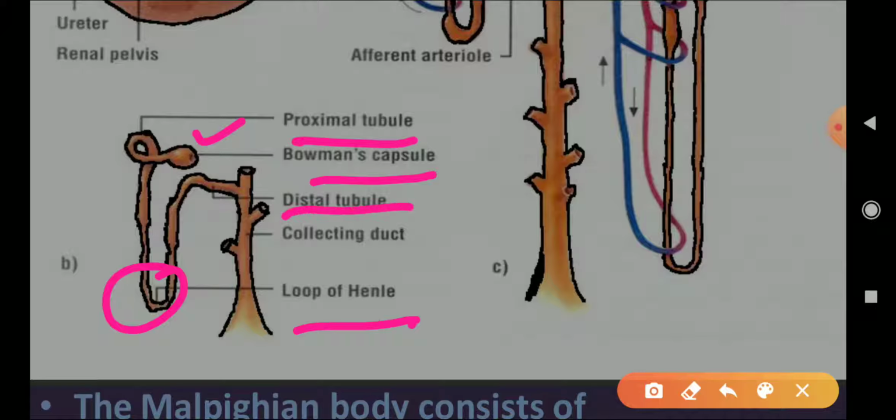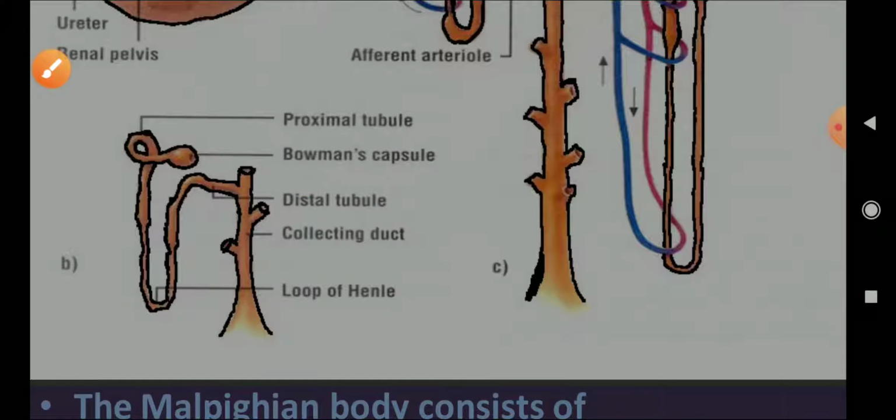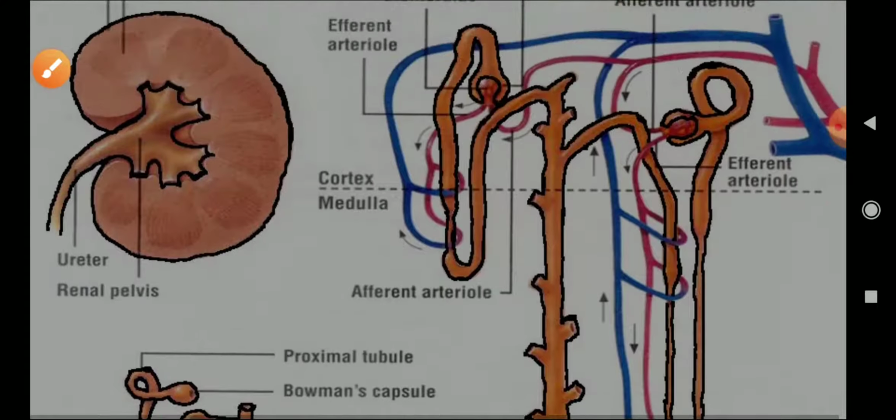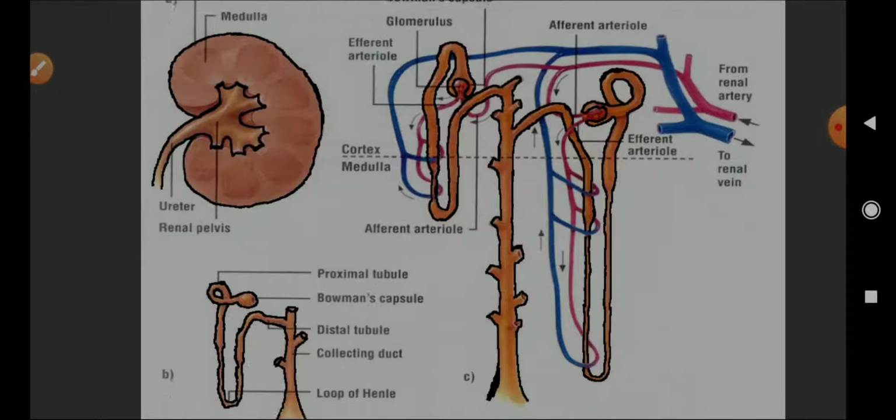It is far from the Bowman capsule, and along with it comes the collecting tubule. The last one is the collecting duct, which collects urine and passes it into the renal pelvis to the ureter, then from ureter to urinary bladder, and from urinary bladder out of the body.